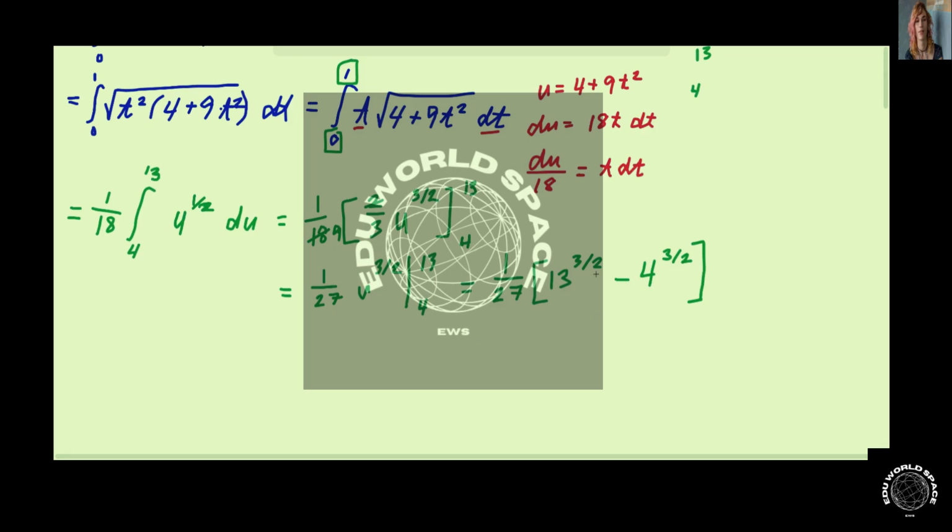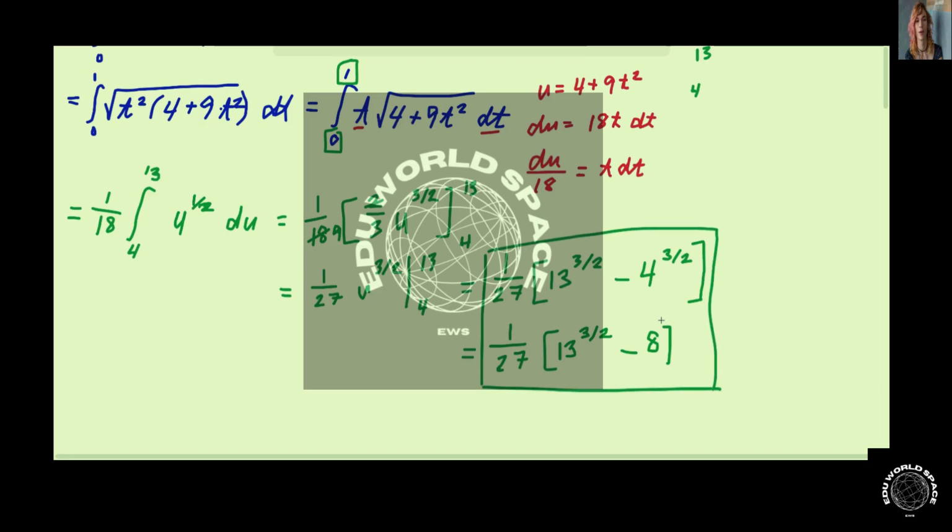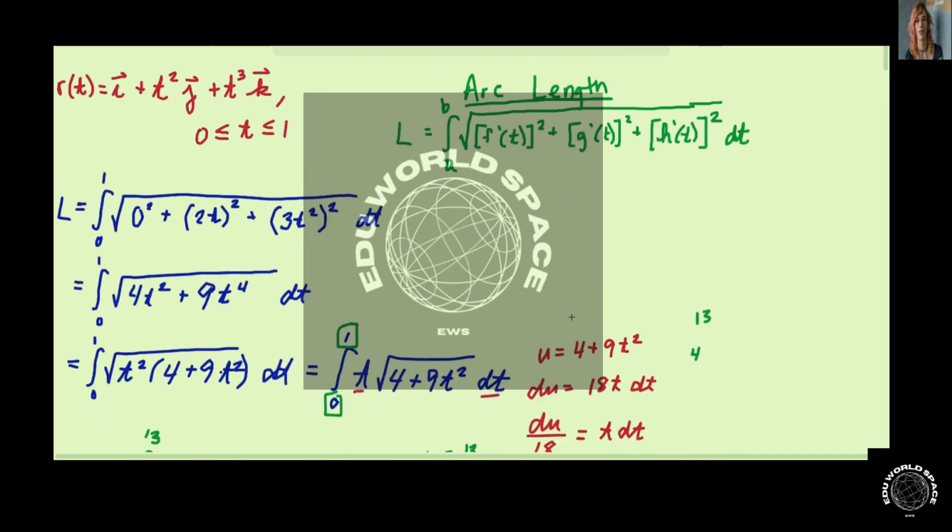You could also, since 13 to the 3/2 isn't so easy to evaluate but 4 to the 3/2 is a little bit easier, take it one step further. 4 to the 3/2 is the same as 8. And there we have it. We have two forms of our answer. And that is how you find the arc length.